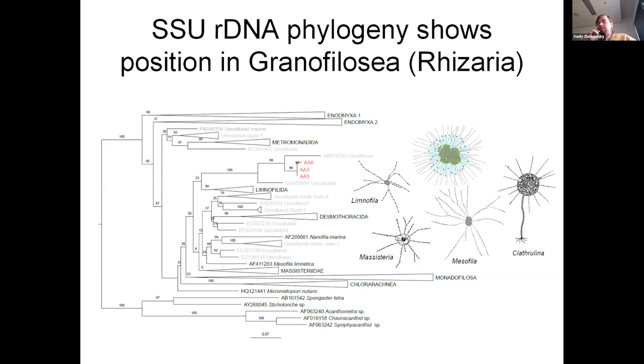Using single-cell techniques, we were able to obtain some molecular data for these organisms, and using small subunit DNA phylogeny, we were able to show it belonging to this Granofilosea clade of Rhizaria, which makes a lot of sense because the other members of this clade are also known to have thin, long pseudopodia with lots of granules.